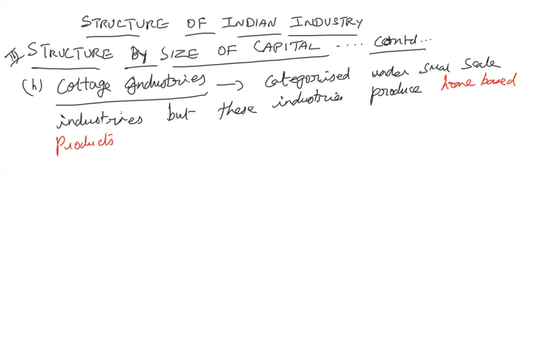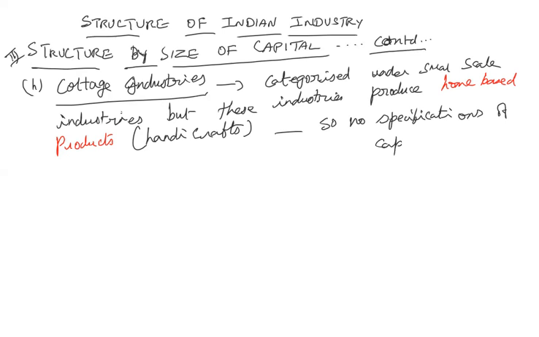Home based products, all the handicrafts, basket weaving, pottery, and they're not factory based. Because of this reason, there is no specification of capital here. Since it is mostly home based product, there is no specification of capital limit here, which we have in other categories.